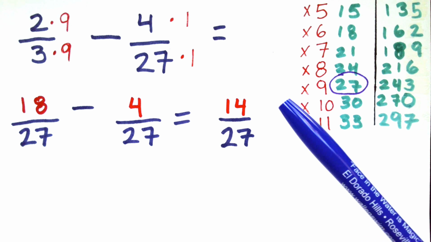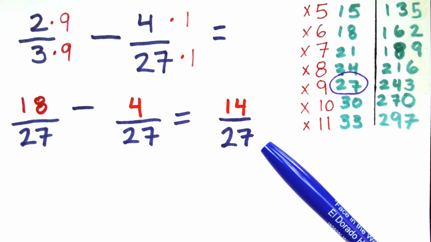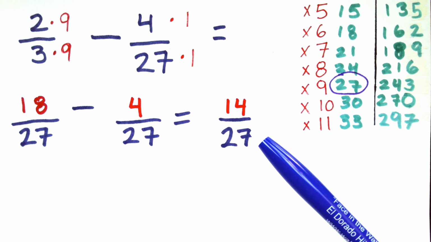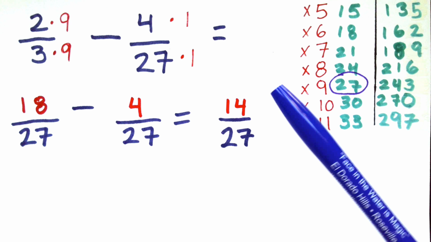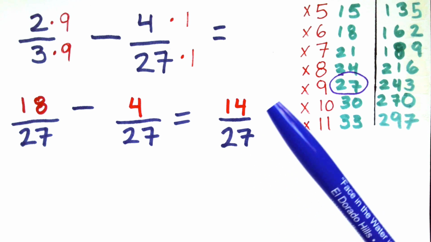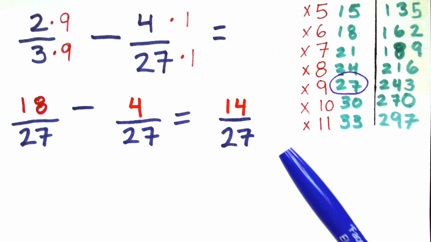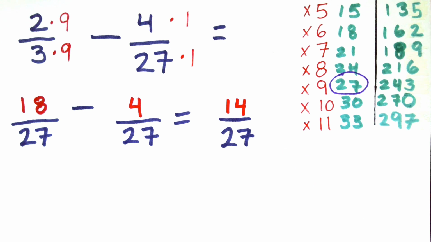So the only number that both the top part of the fraction, the numerator, and the bottom part of the fraction, the denominator, share is 1. So this fraction will not be reduced.